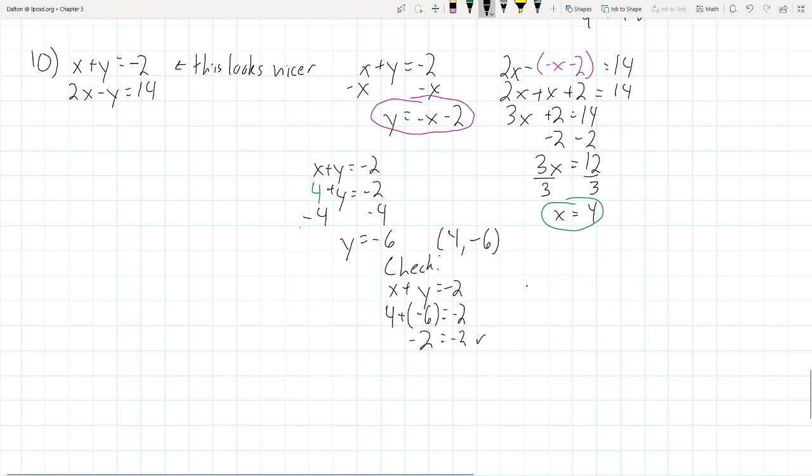Now we also need to try it with the other one. 2x minus y equals 14. So I go 2 times 4 minus negative 6 equals 14. So 8 plus 6 equals 14. 14 equals 14. And that's a true statement.